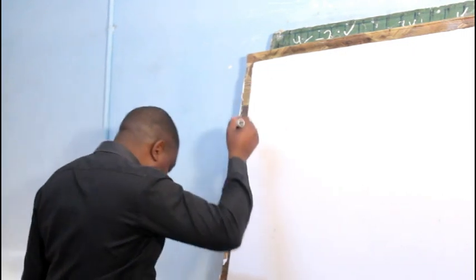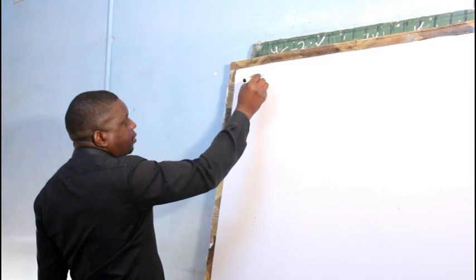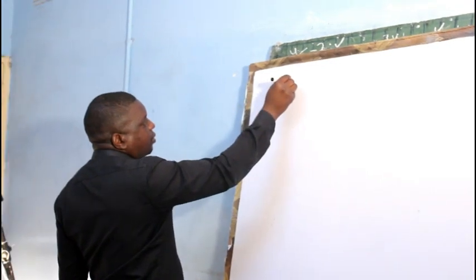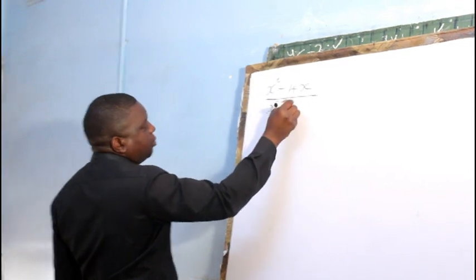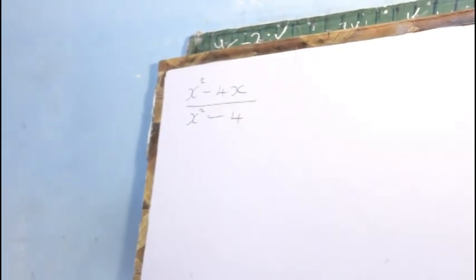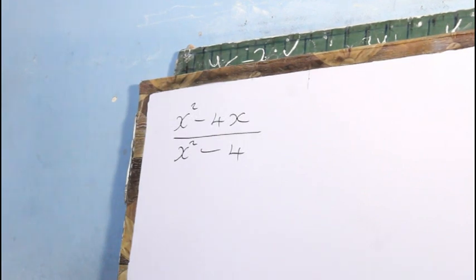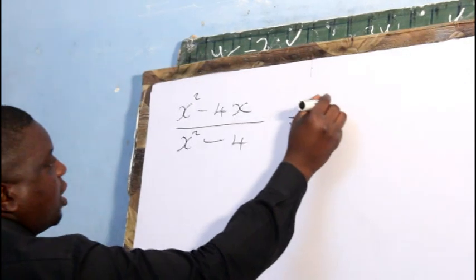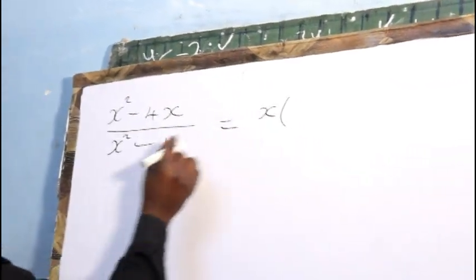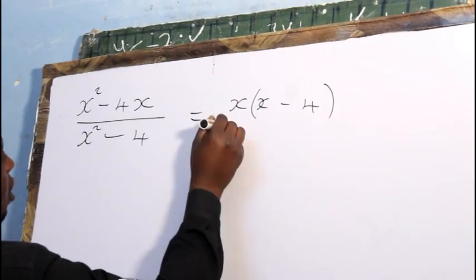You know what number 14 has? x squared minus 4x over x squared minus 4. Factorize both the numerator and the denominator. On the numerator we factor out the common factor, which is x. So factoring out x, we are left with x minus 4.